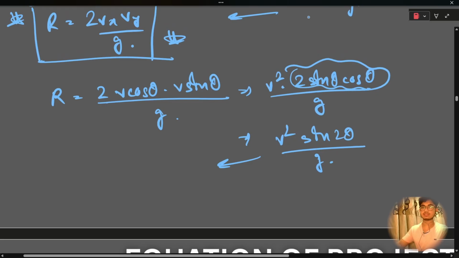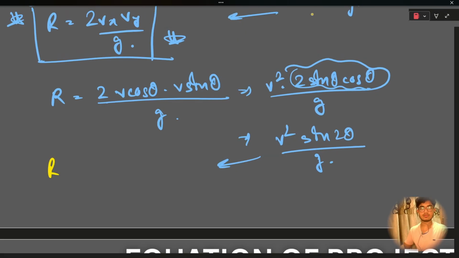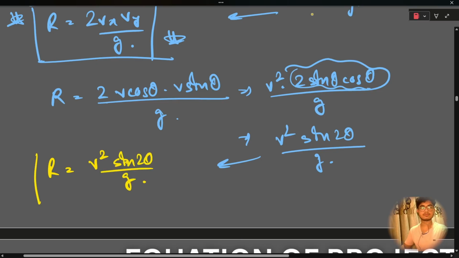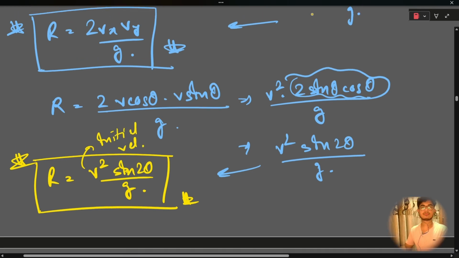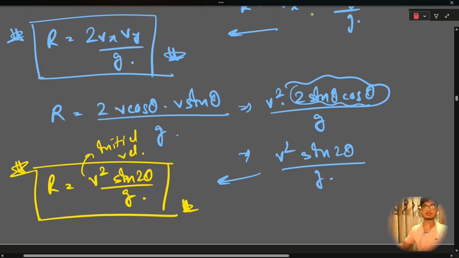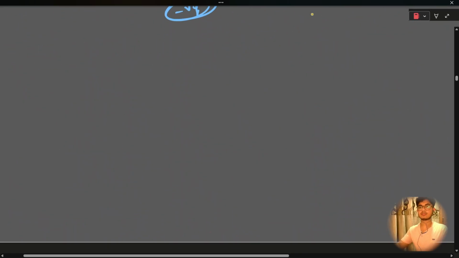So you can also write this as R equal to U square sin 2 theta by G, where this is the initial velocity. So this is it. I'll just write in a fresh form here with 3 formulas.